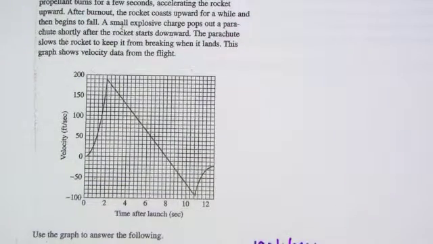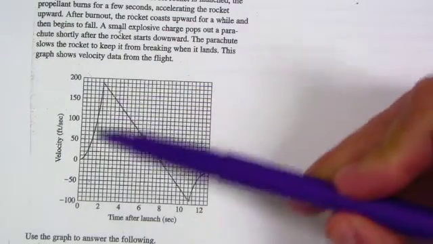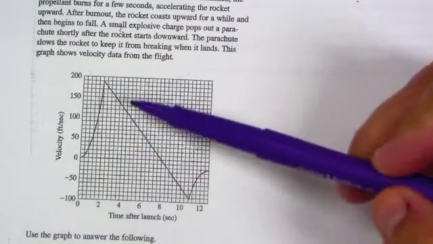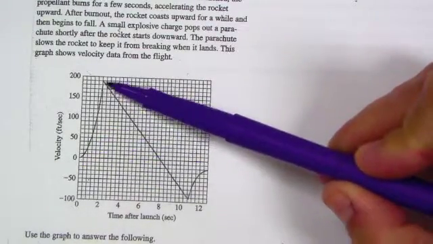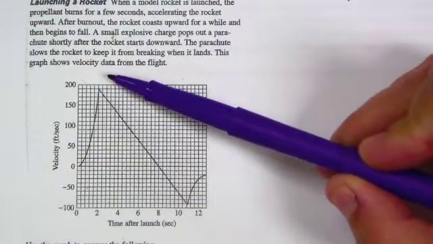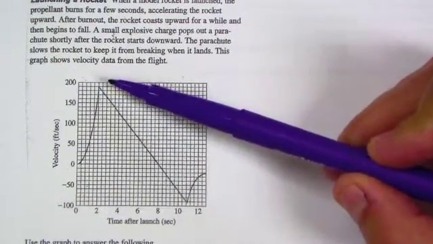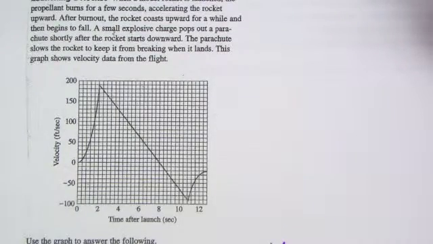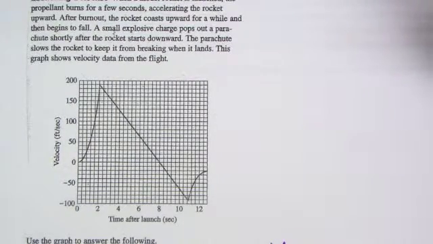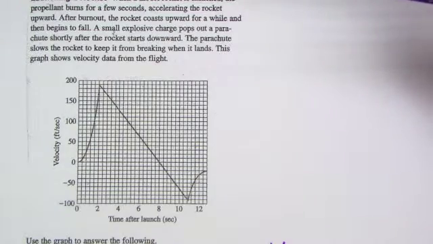Okay, right? Because this is the velocity graph, so it would be climbing the fastest when the velocity is its greatest, when it's the highest. So that would be at 190 feet per second. It says, how many seconds did the engine burn? 2, right?